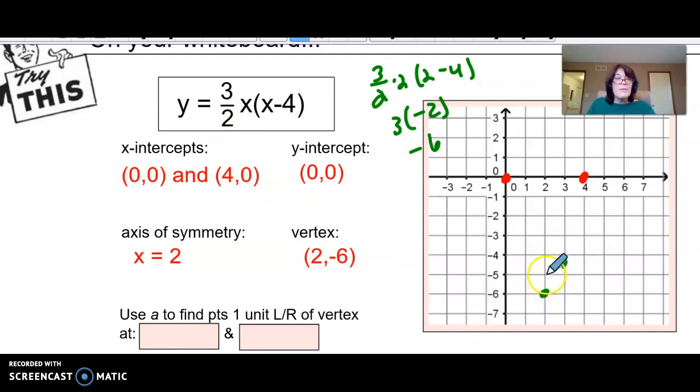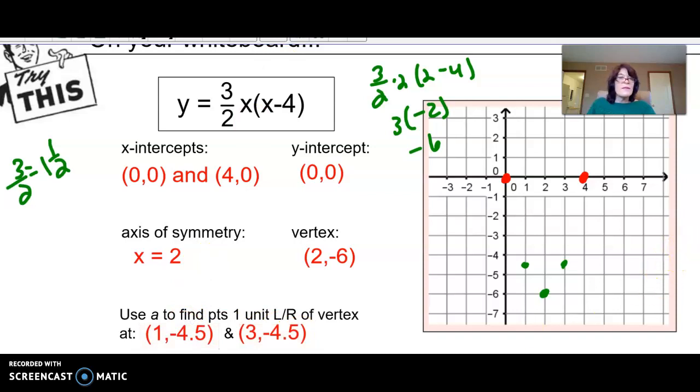It's kind of awkward. Up 1.5 and over 1 to find points to the left and right. 3/2, remember, is the same as 1.5. So a tells me how many to go up and over 1. I go up 1.5 and over 1. So what's that? (3, -4.5) and (1, -4.5) are those 2 points.